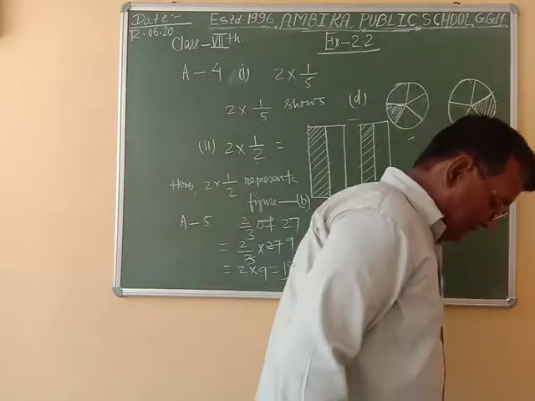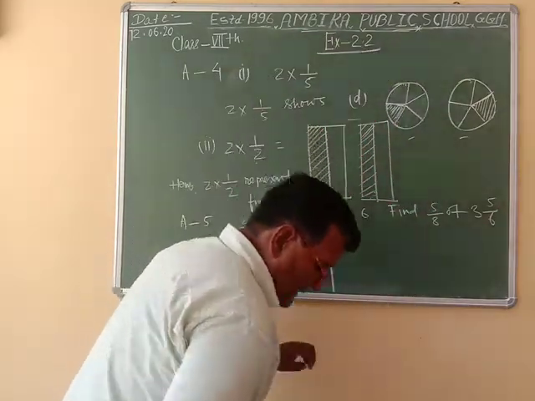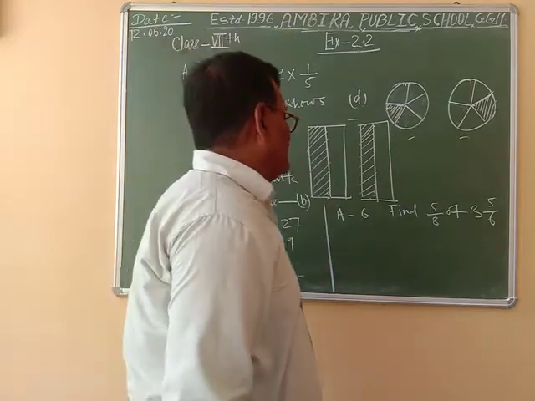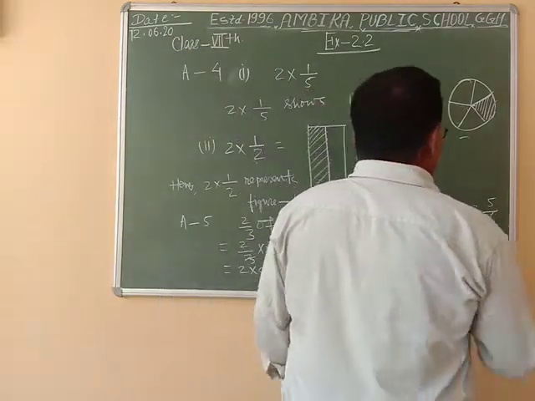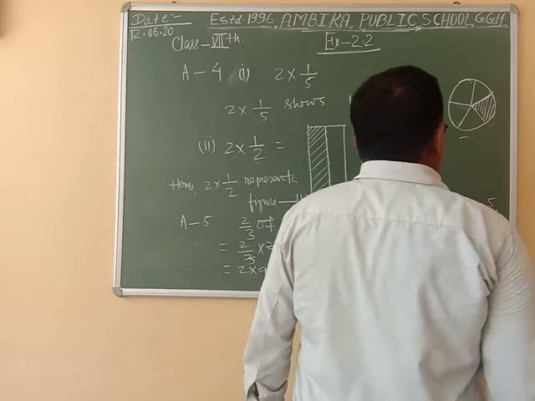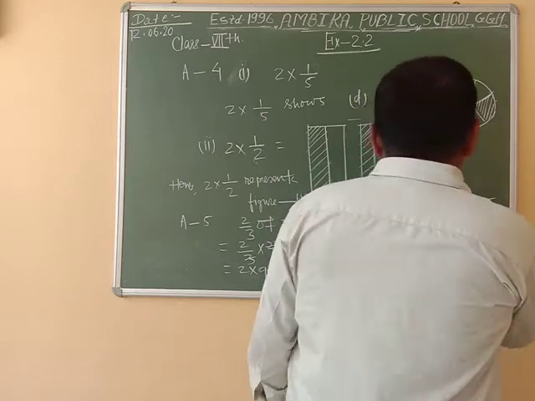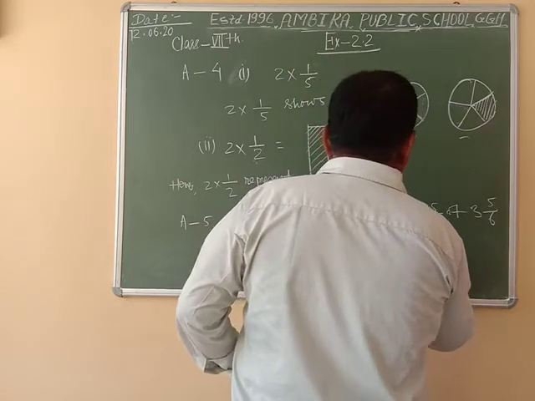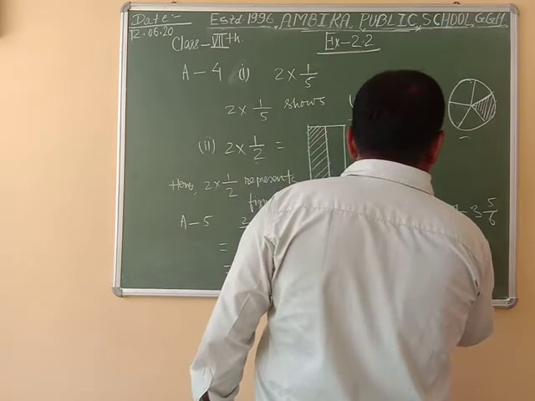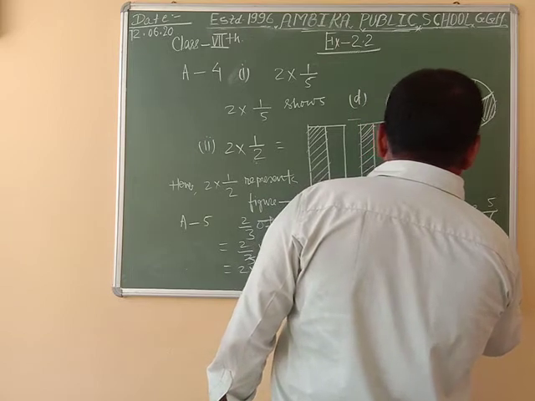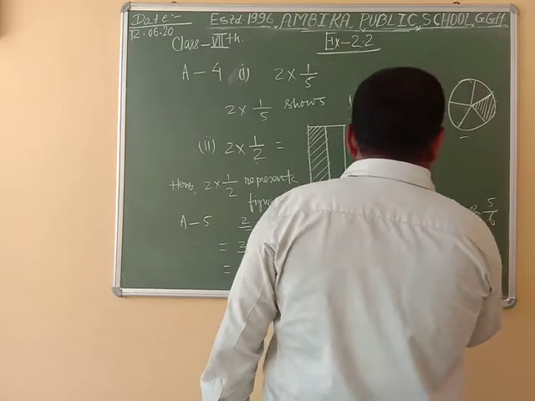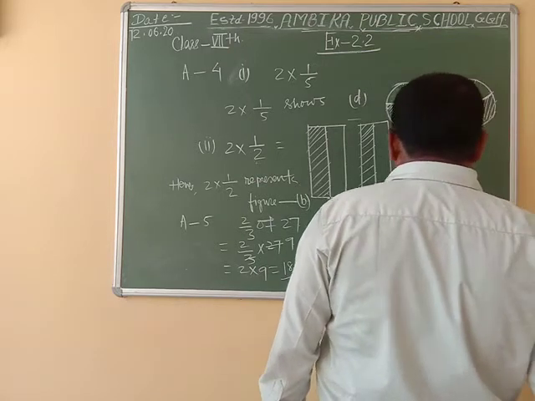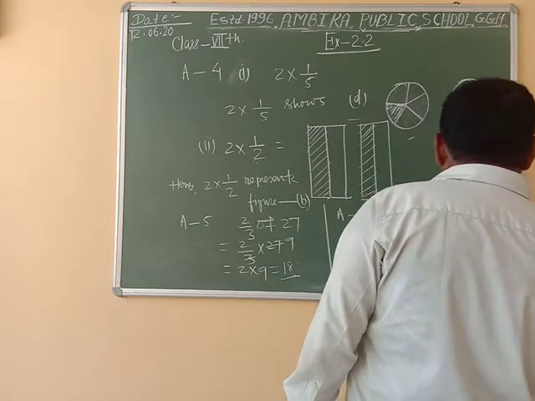Here 5 by 8 is a proper fraction because its numerator is less than its denominator, and 3 whole 5 by 6 is a mixed fraction. Multiplying 5 by 8 into 3 whole 5 by 6 is equal to 5 by 8 into 23 by 6, changing into an improper fraction.